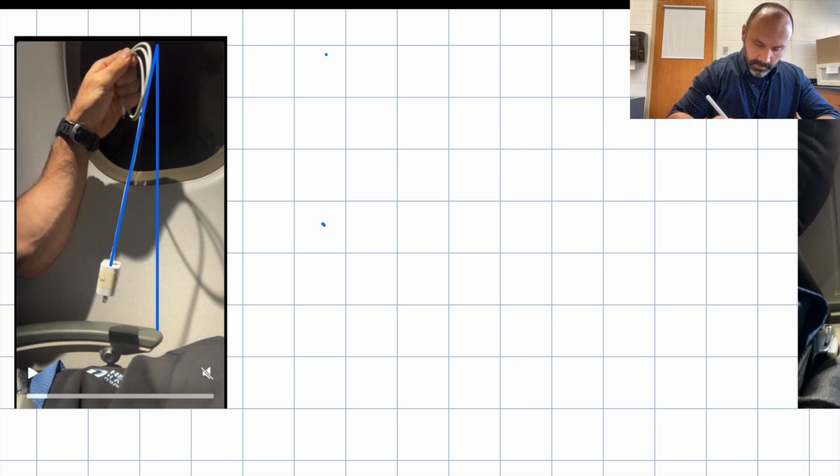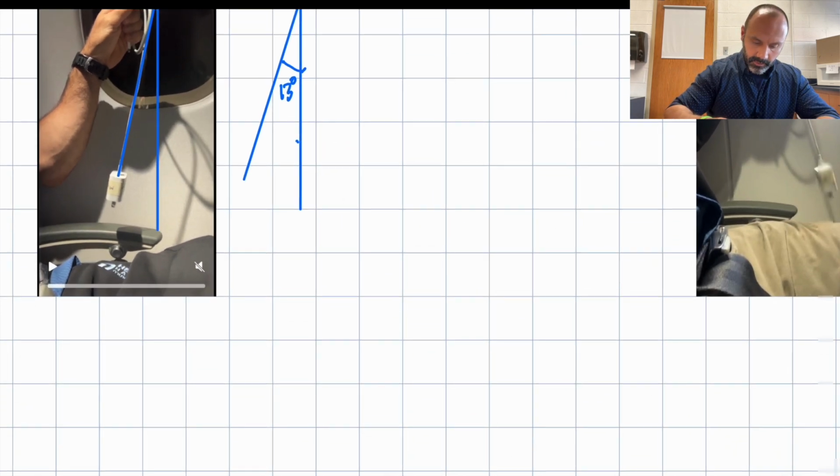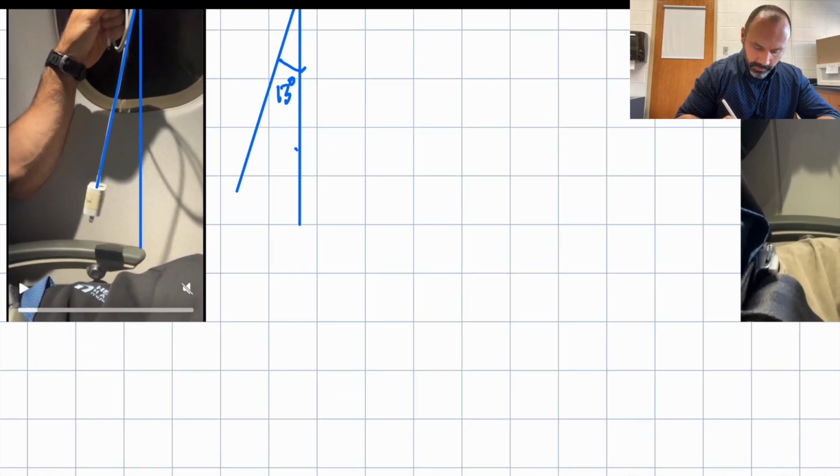So I'm going to make a little diagram off to the side here. So I've got this vertical line, and then this line over here. Doesn't have to be perfectly to scale, it's just my diagram. So 13 degrees. Now what does that mean? Okay, so if we draw a force diagram for the charger, I've only got two objects interacting with this.